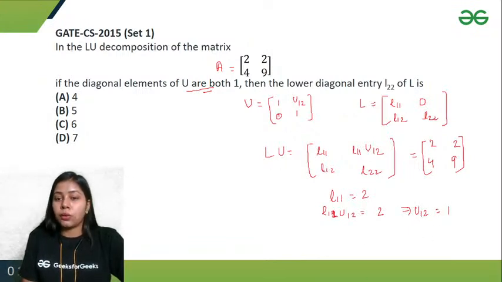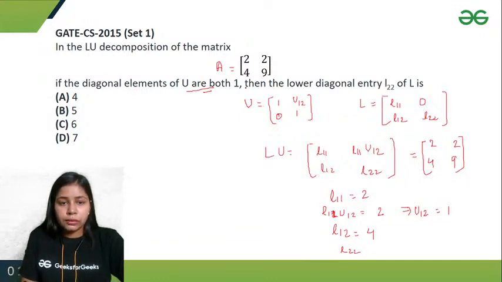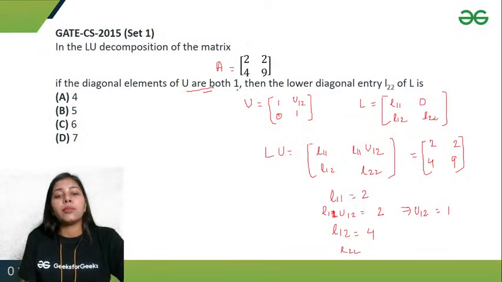Right? Now, the next term will be L12. On comparison, I can check that L12 is equal to 4, and L22, if the diagonal elements of U are both 1, right?